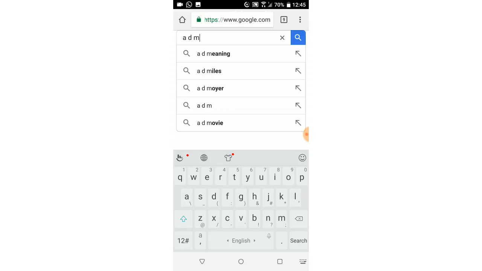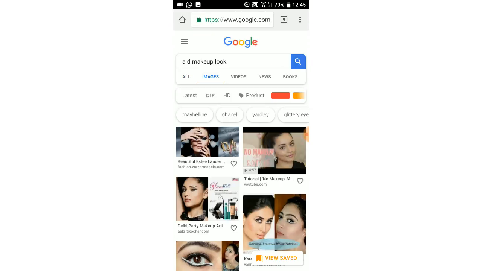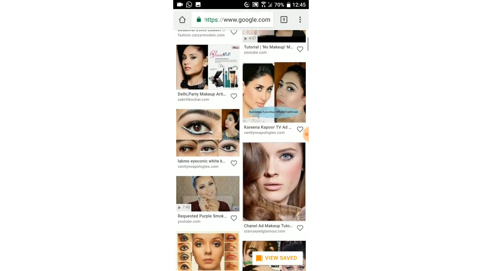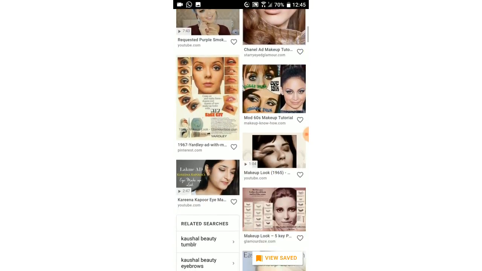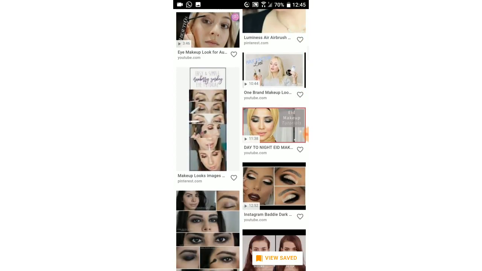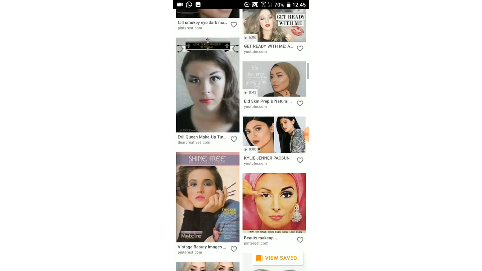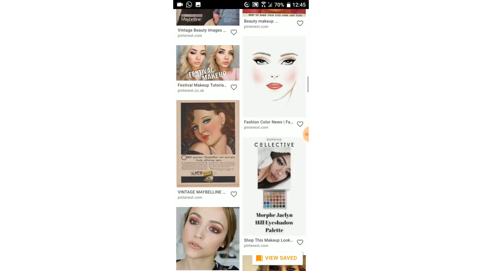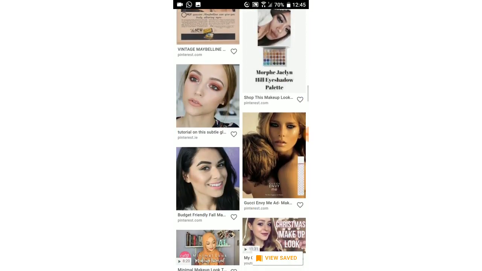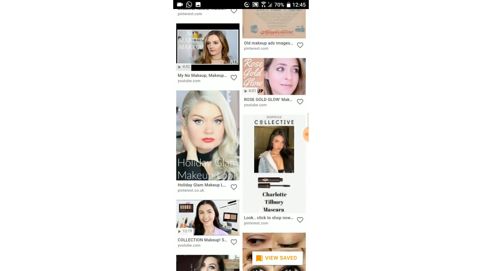Okay, so on Google I typed in my initials AD makeup look and I went into images. Now you're gonna see I am gonna be scrolling all the way through. What I typically found was AD as in the time period and especially AD as in ad, and I purposely did not put my initials AD together because I wanted to avoid getting ads.